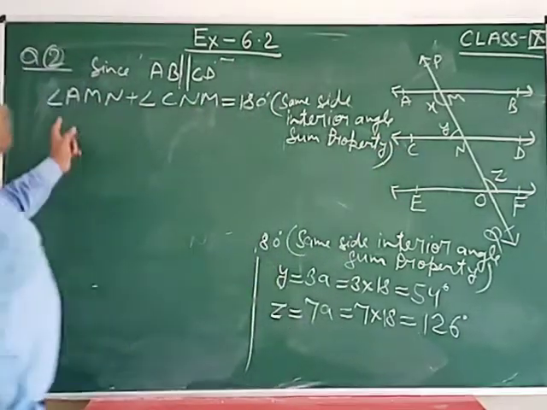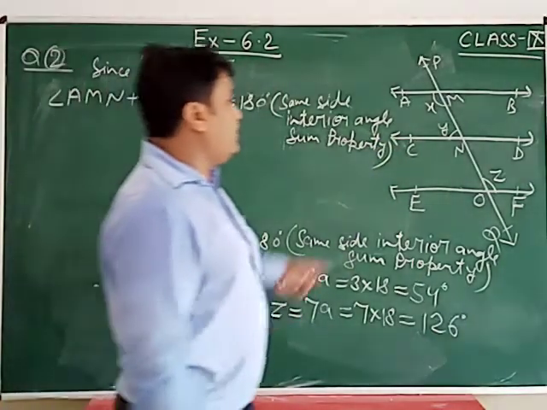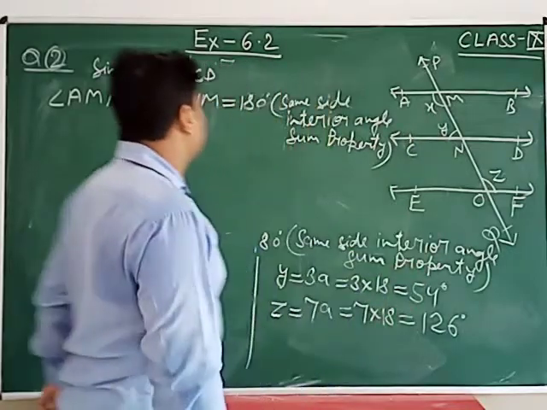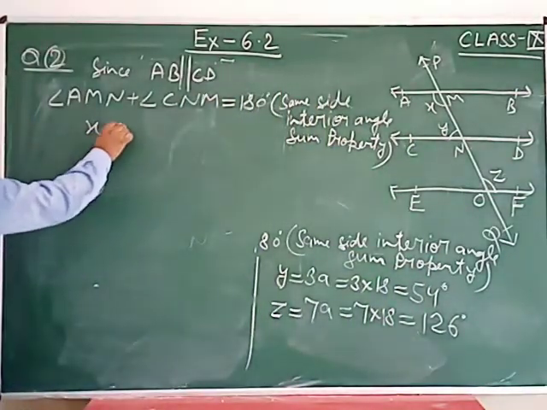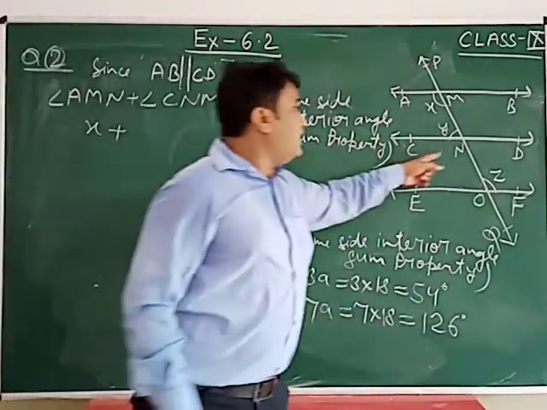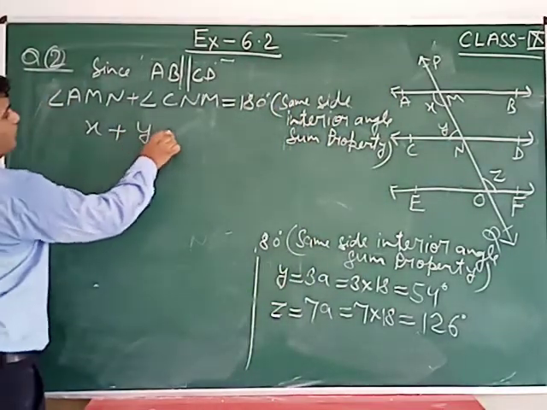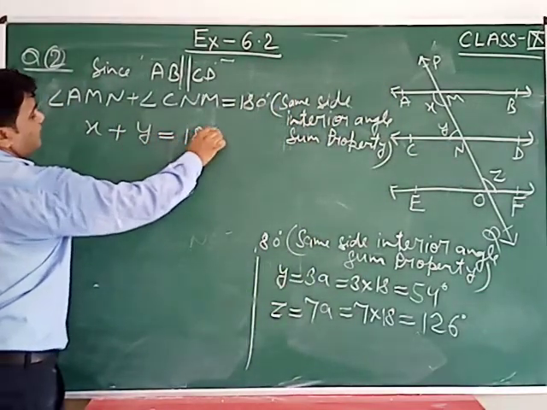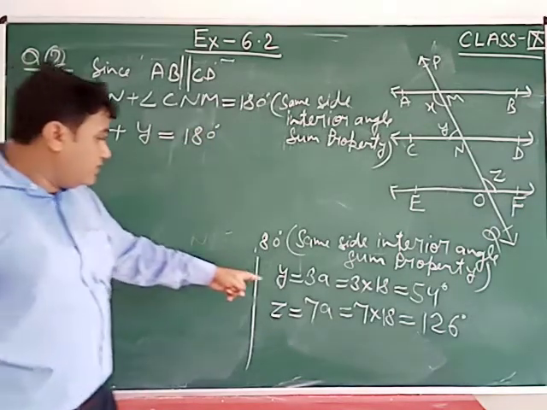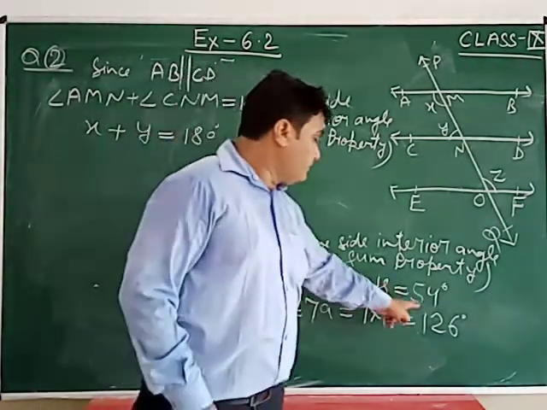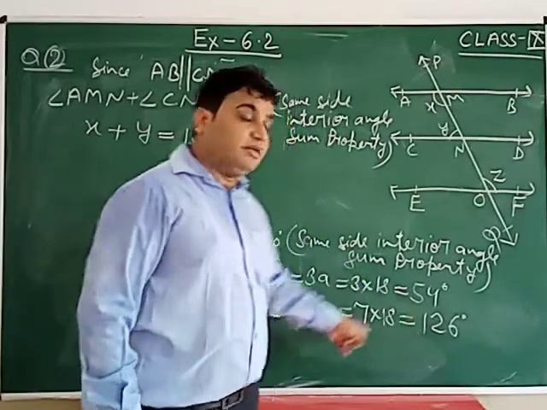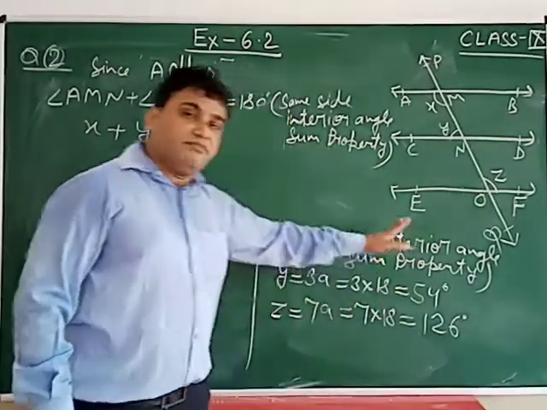Angle AMN is x, plus CNM is y, equals 180 degrees. Y we have found, y is 54 degrees.